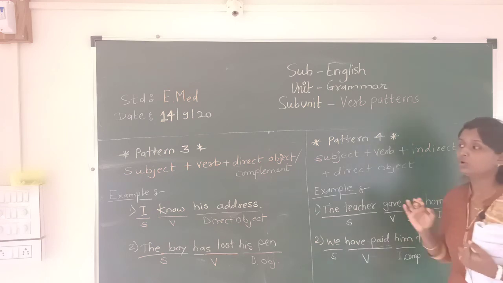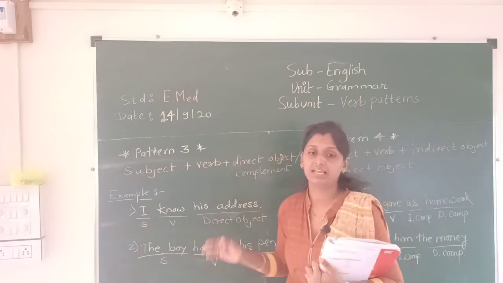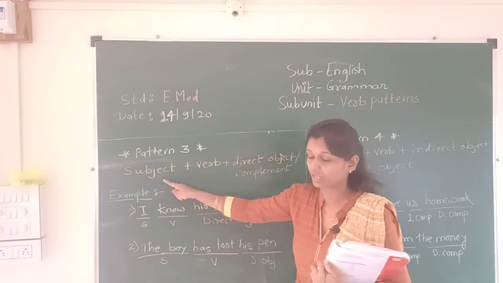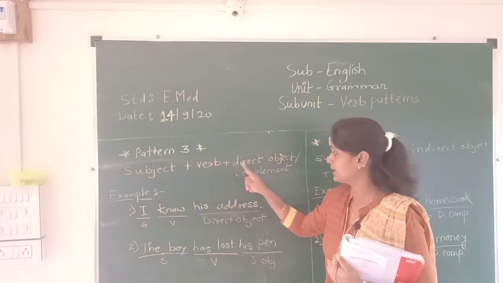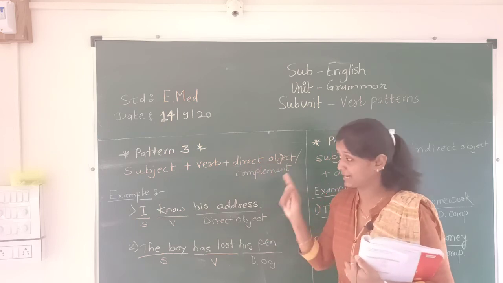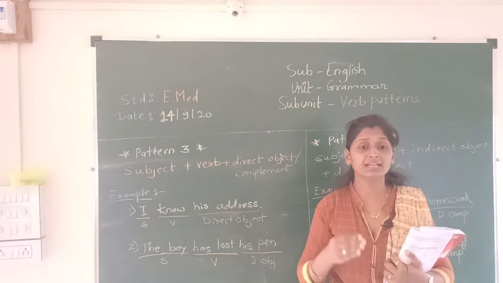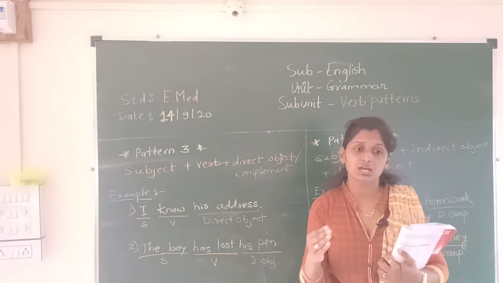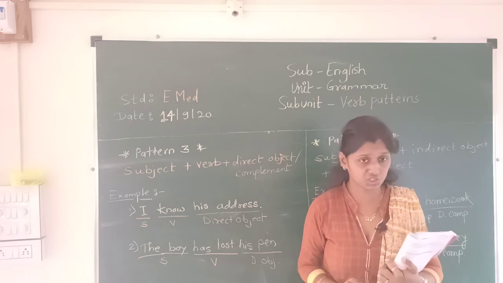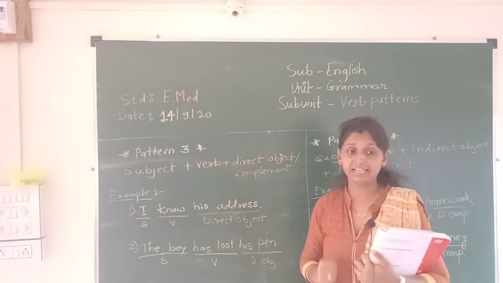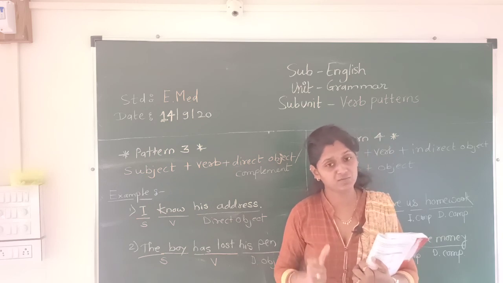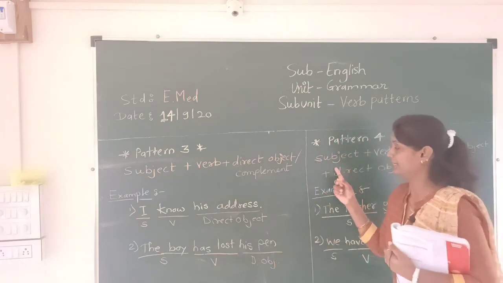Okay. Now one more time I will explain pattern 3. In pattern 3, the structure of the sentence will be subject plus verb plus direct object or direct complement. As per the necessity of the verb, we can use an auxiliary verb, and if there is necessity, then we can use the prepositions also. Then pattern 4.